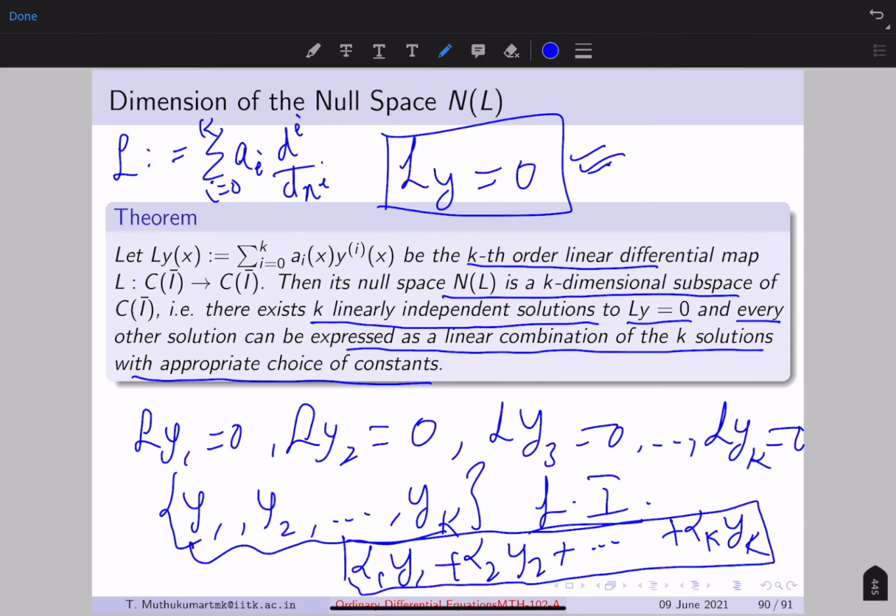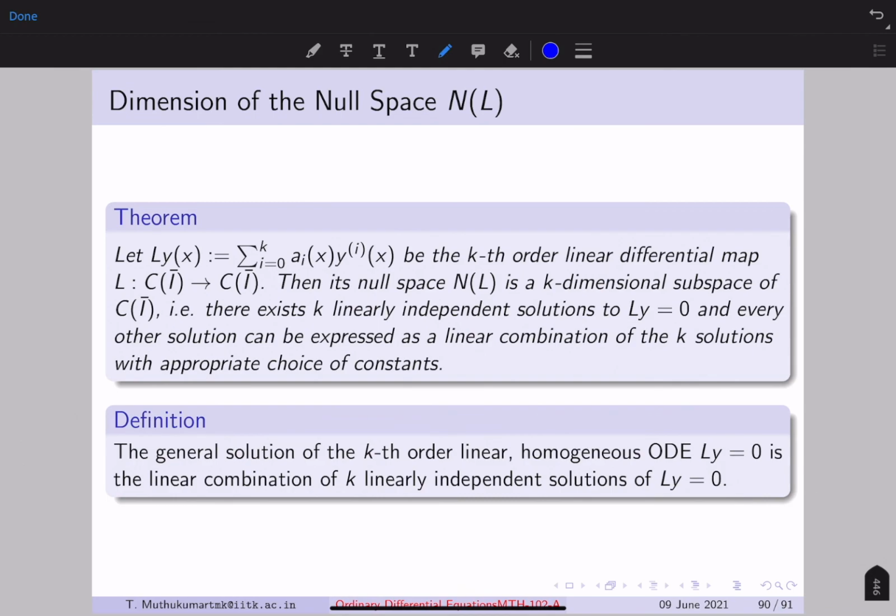And this is what we have been seeing so far as the notion of general solutions, right? Any solution will be of this form, a linear combination of these k linearly independent solutions. So that's the advantage of this theorem.